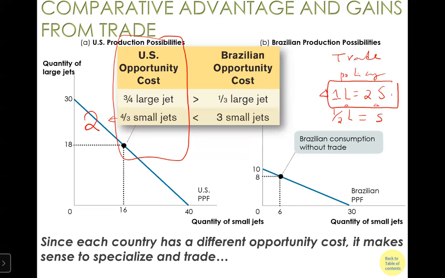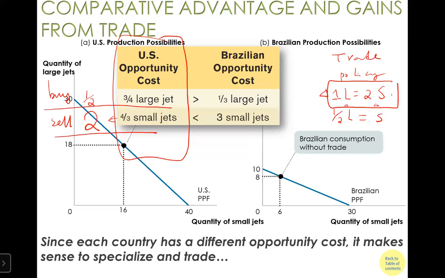Alternatively, or at the same time, the US can buy small jet at a lower price, because now they can buy small jet at 1/2. Right? So let me write down: they sell larger jet, they buy small jet. Just look at these 2 rows.